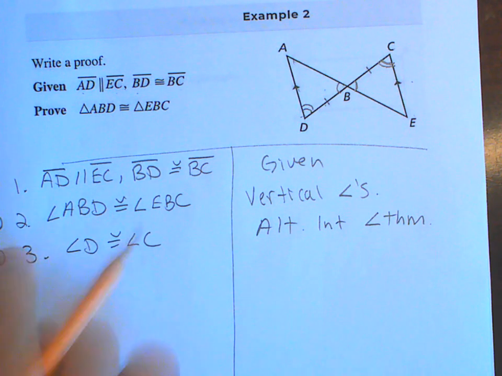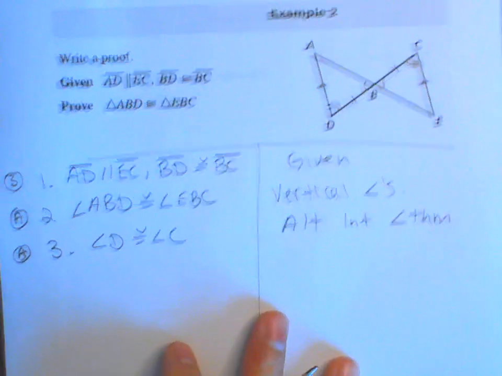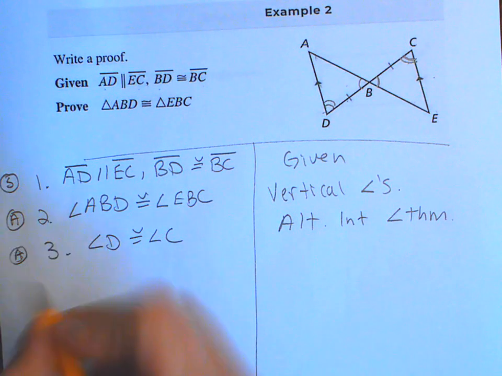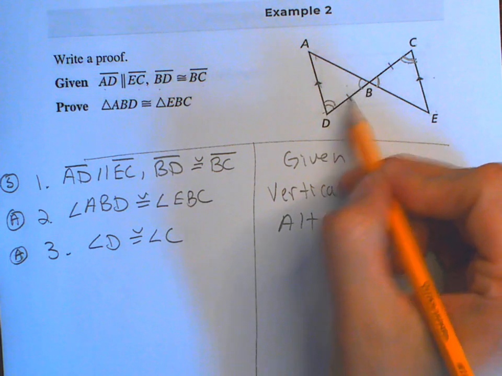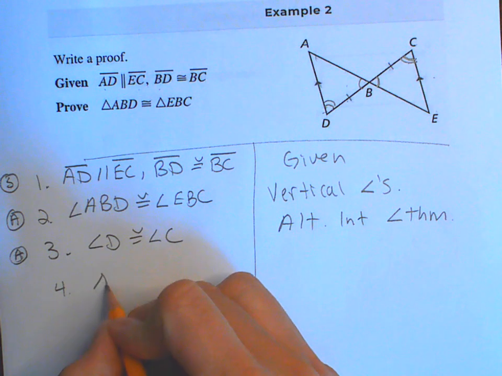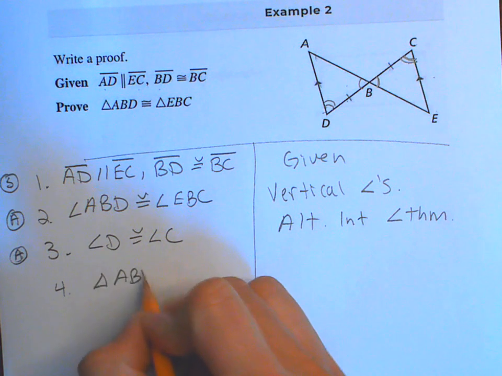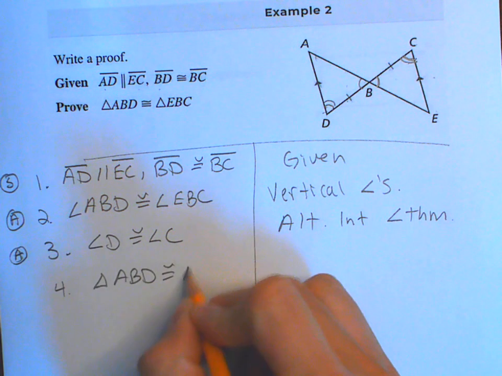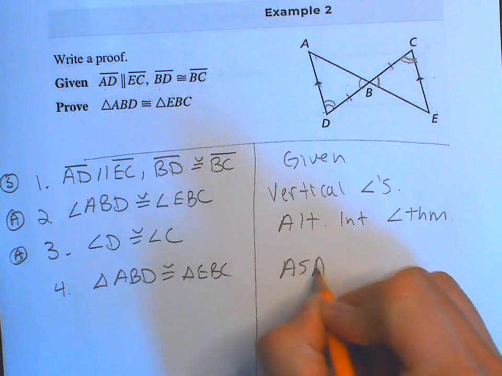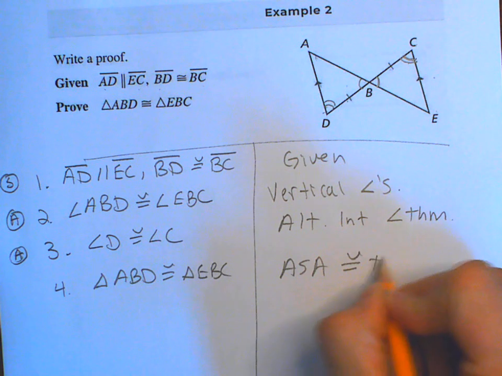Okay, so I know these are out of order. That's okay. Therefore, I do have angle, side, angle, angle, side, angle. So therefore, triangle ABD is going to be congruent to triangle EBC by the angle, side, angle congruence theorem.